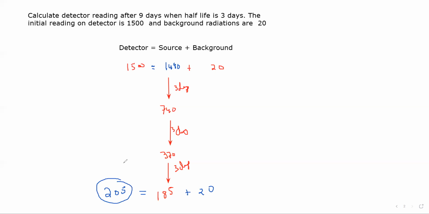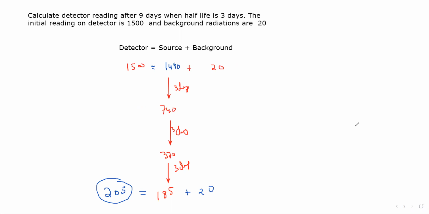Is it clear? Because after every half-life, only the source radiation will become half; the background reading will remain constant. So you have two types of questions related to half-life.